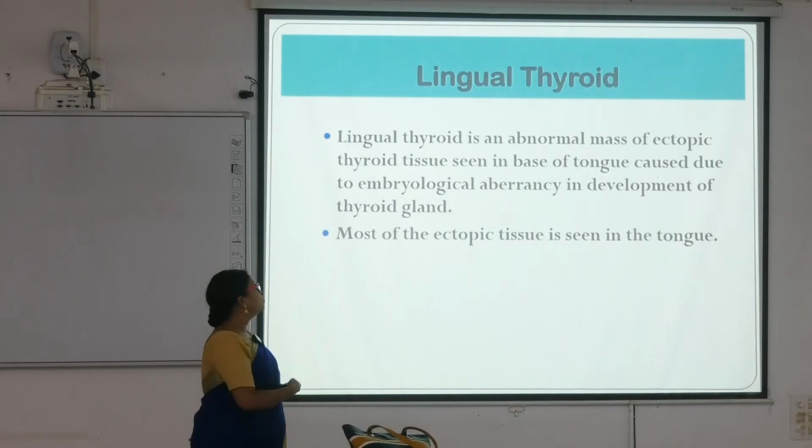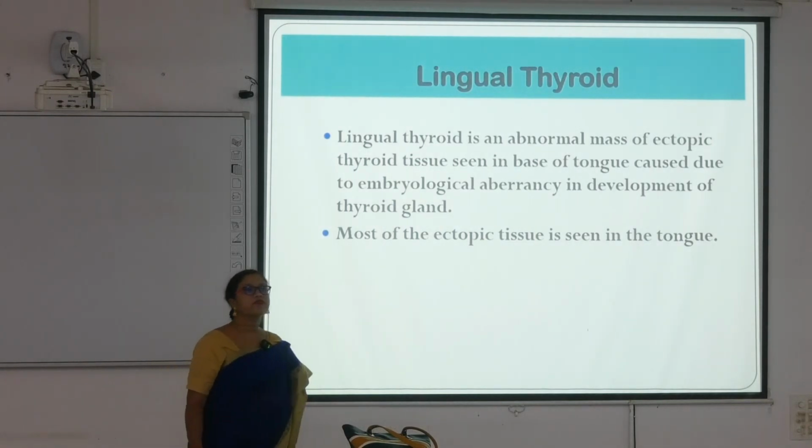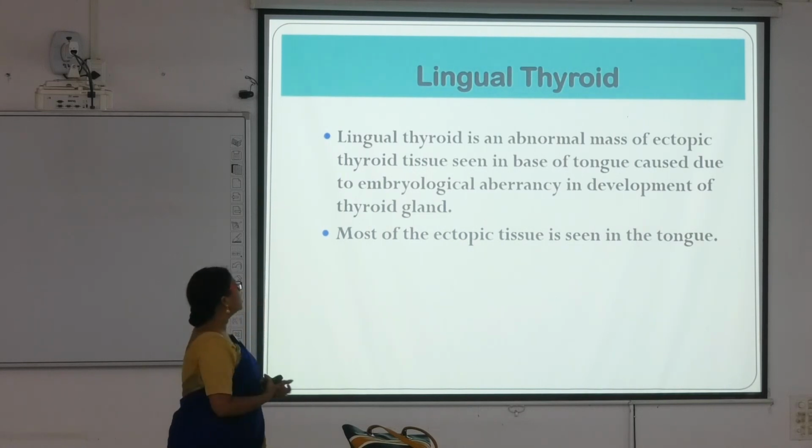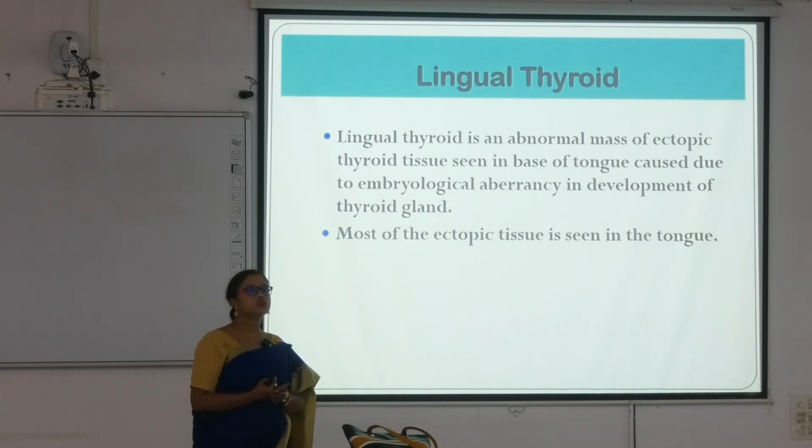Okay, so next one is the lingual thyroid. Write it down. What is lingual thyroid? If ectopic or abnormal tissue of the thyroid is present in the parenchyma of the tongue, that is known as lingual thyroid. It is caused due to embryological aberrancy.